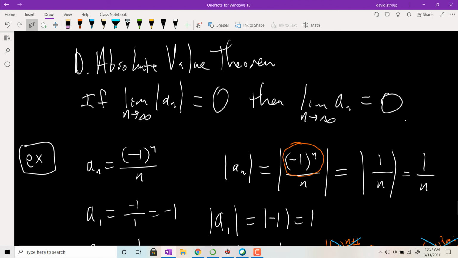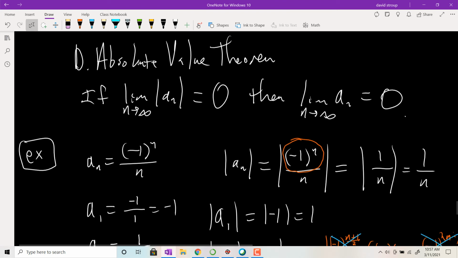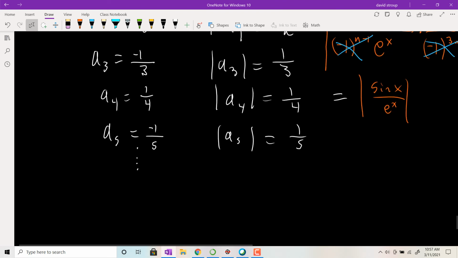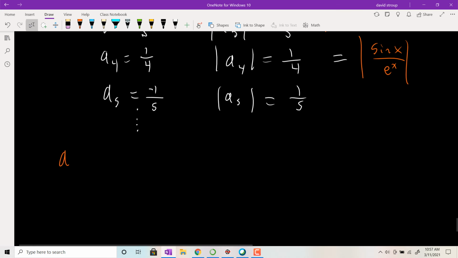Anyways, getting back then to the absolute value theorem, let's take a look at this example. We have a sub n equal to -1 to the n all over n. The absolute value of a sub n is equal to just 1/n, which we've shown.